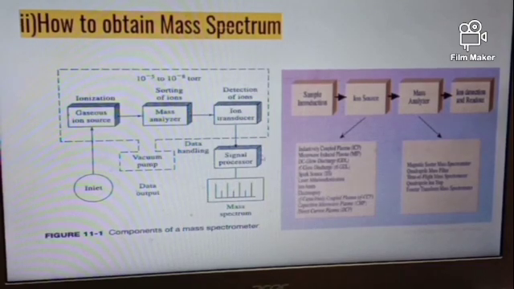In fact, there are several different designs of mass spectrometer which differ in detail.